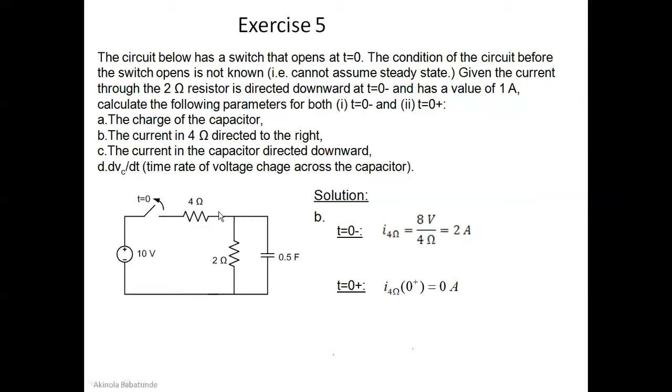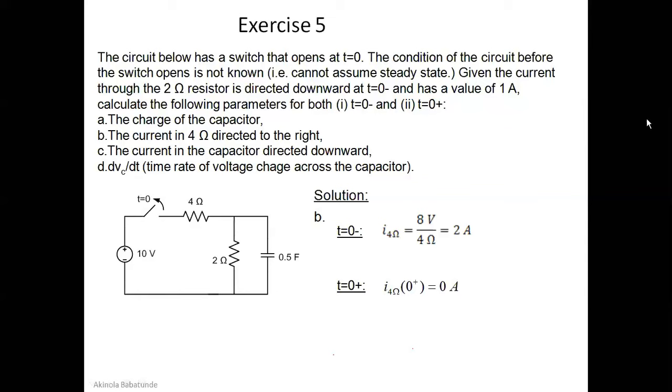All right, and then what they told us to also find is the current passing through these 4 ohms at t equal to 0 plus. At t equal to 0 plus, this simply means after the circuit has been opened. When a circuit is open, please don't forget, current is not flowing.